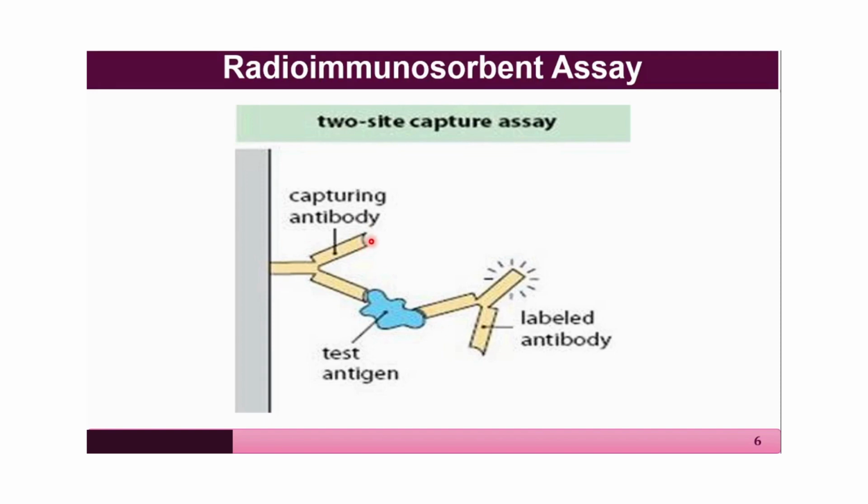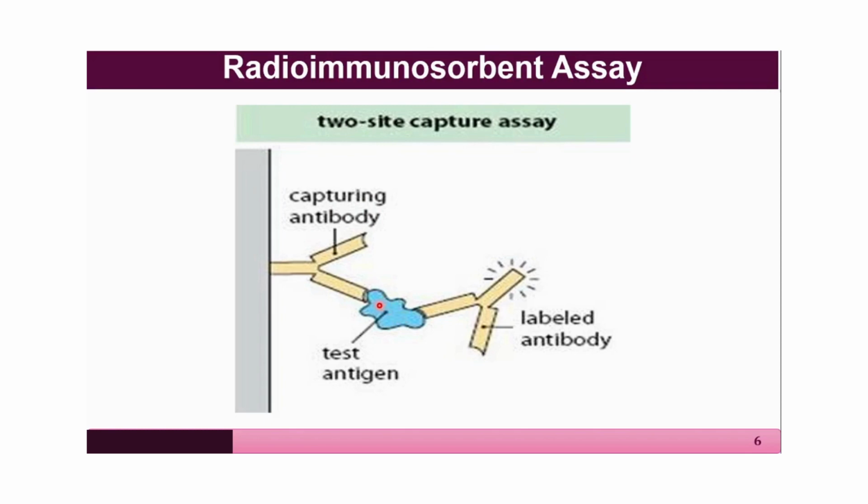If you are looking for a particular antibody corresponding to an antigen in a particular patient, and you have immobilized that antibody on the inert surface by adding the patient serum to the container, you have to add now, after thorough wash of the container, the test antigen corresponding to that antibody.